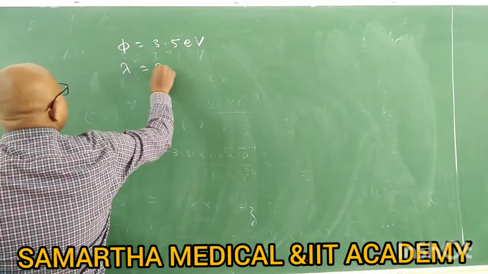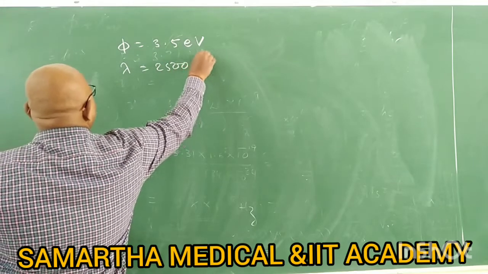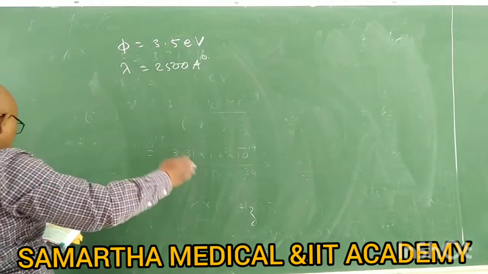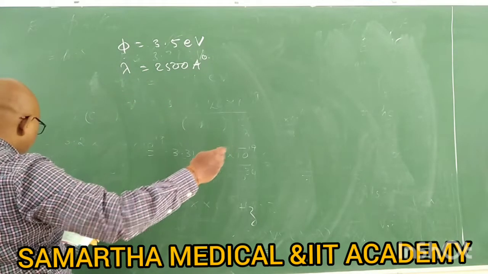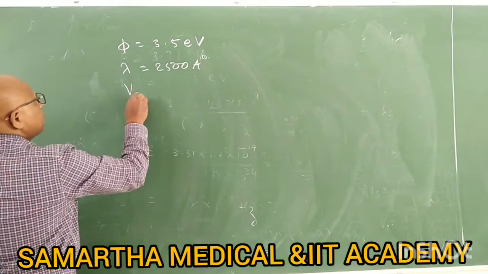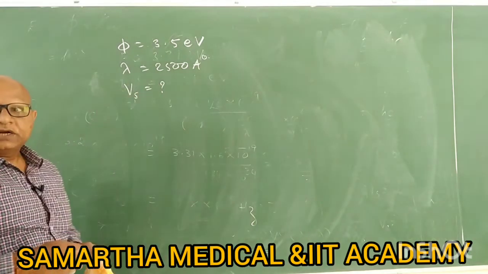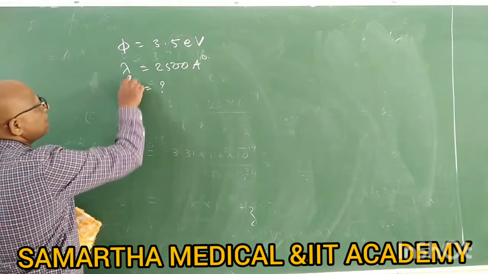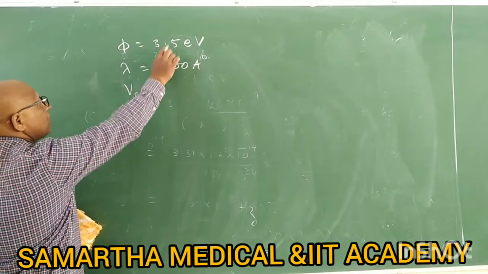They have given the wavelength 2500 angstrom. Okay, and the potential required to stop the fastest photoelectrons emitted by the surface. Now they are asking directly for the stopping potential. What is the potential which is required to stop the electrons? See, they have given lambda, they have given the work function.